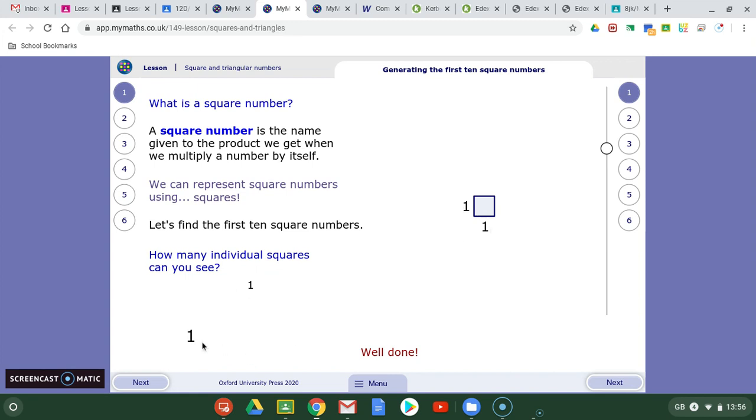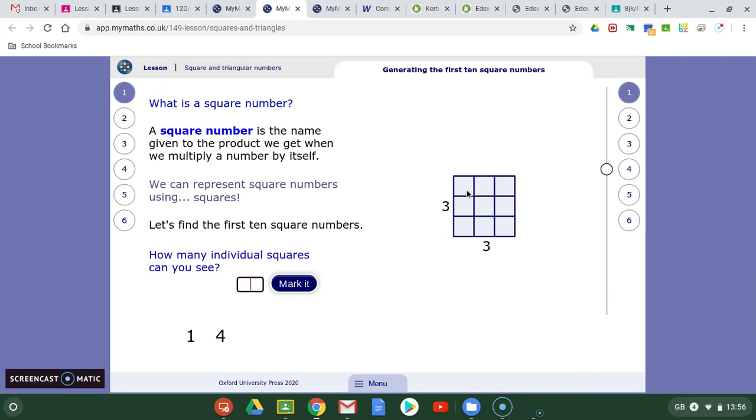1 times 1 gives you 1. Let's have a look here. How many do we see here? 1, 2, 3, 4. That's because 2 times 2 gives you 4. So I can see 4 individual squares there. How about this? 3 times 3 gives me 9.